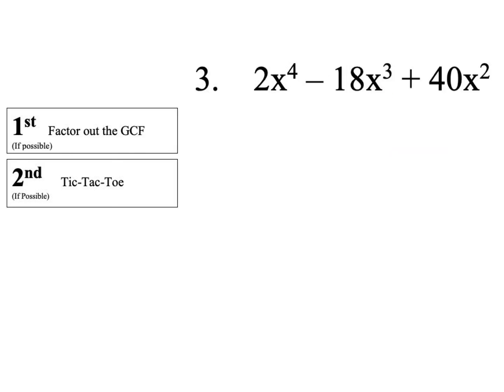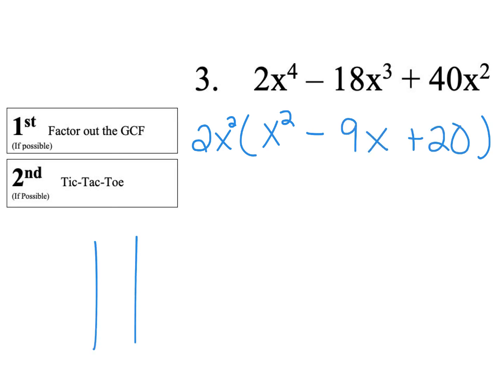In this third example, why don't you pause and try it on your own. Hopefully you recognize that 2x squared is the greatest common factor, which produces x squared minus 9x plus 20. Then you should have done tic-tac-toe to get x times x.